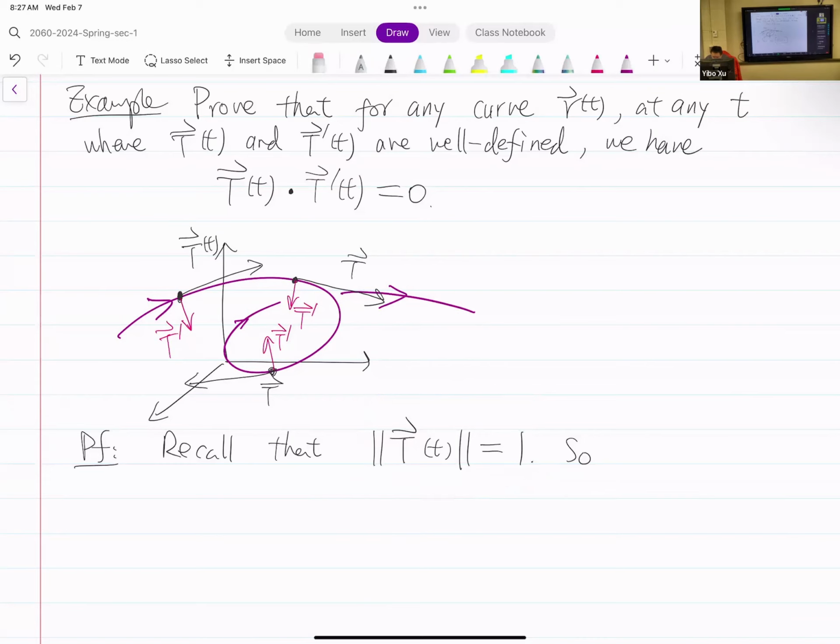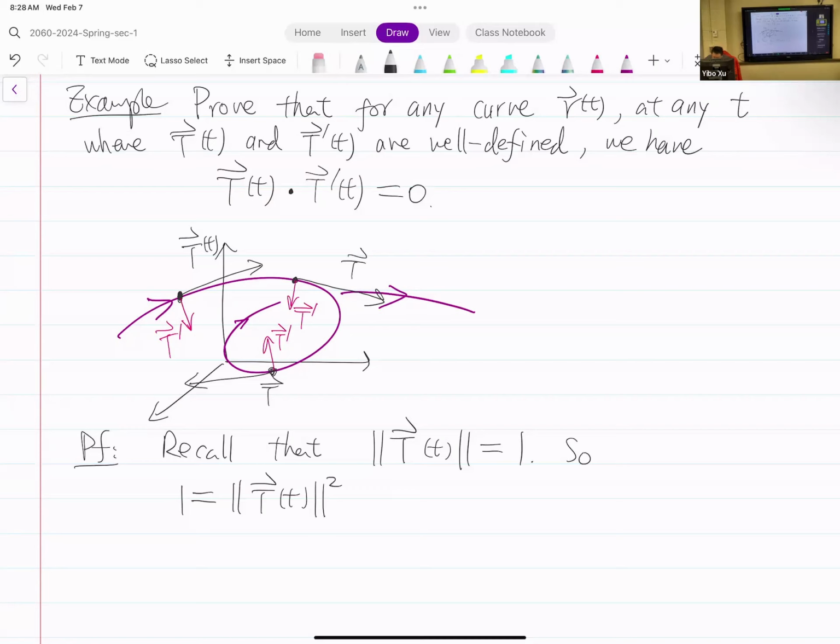So we just utilize what we have learned, the properties of derivatives. The magnitude is not easy to differentiate, but if you do the squaring, the right hand side is the same thing, right? So what do you know? You know 1 equals the magnitude of T squared.